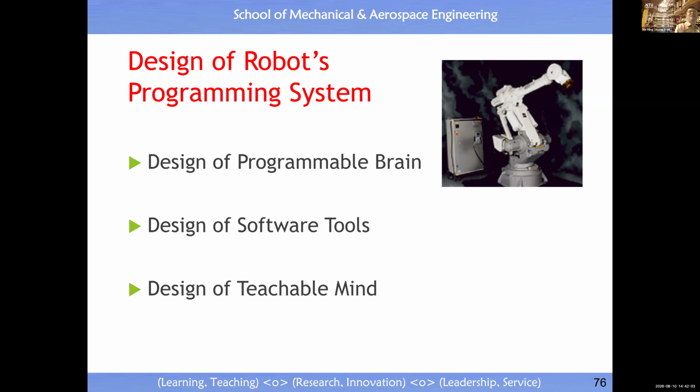This is very, very important. If a mind is not teachable, how can we talk about machine learning? A lot of work under the title of machine learning actually has nothing to do with machine learning. They are just doing data mining.